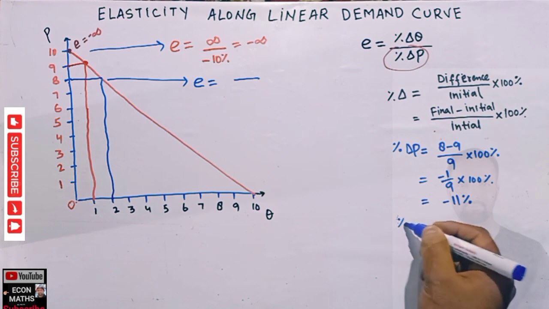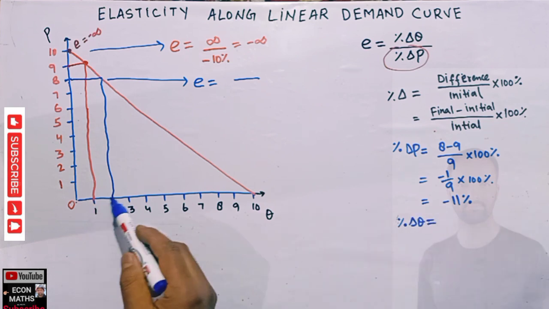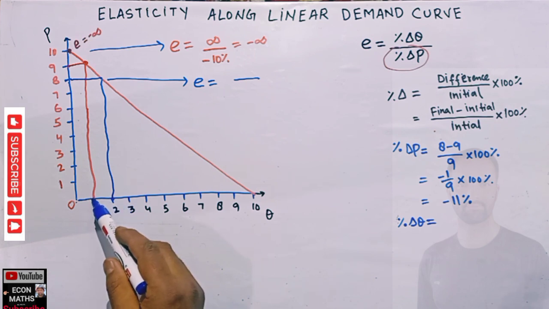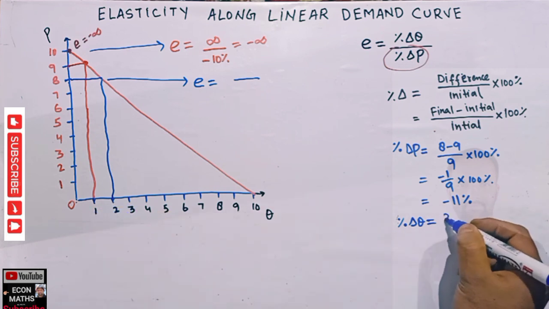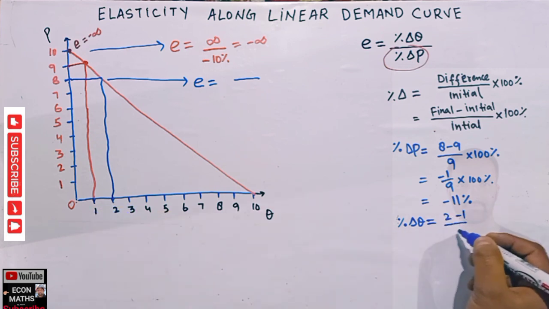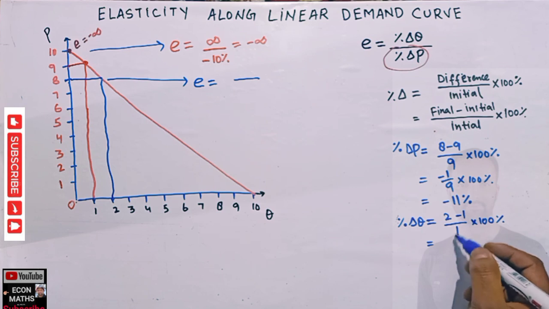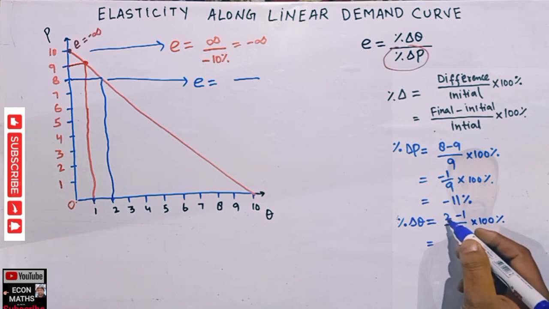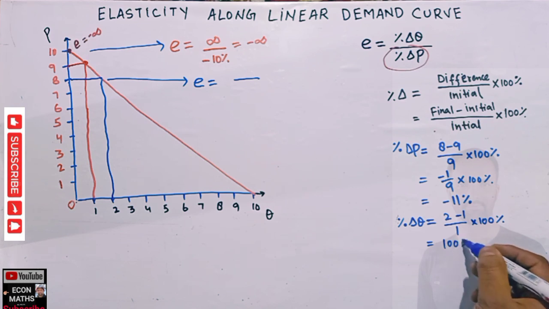So change in quantity will be simply, we move from 1 to 2. This is our final point, this is our initial point. Final minus initial upon initial. So this means 2 minus 1 upon 1 into 100%. 2 minus 1 is 1 into 100%, it comes out to be 100%.